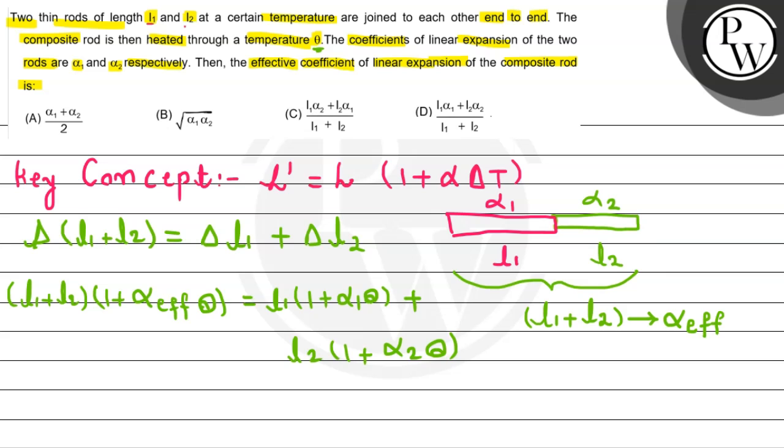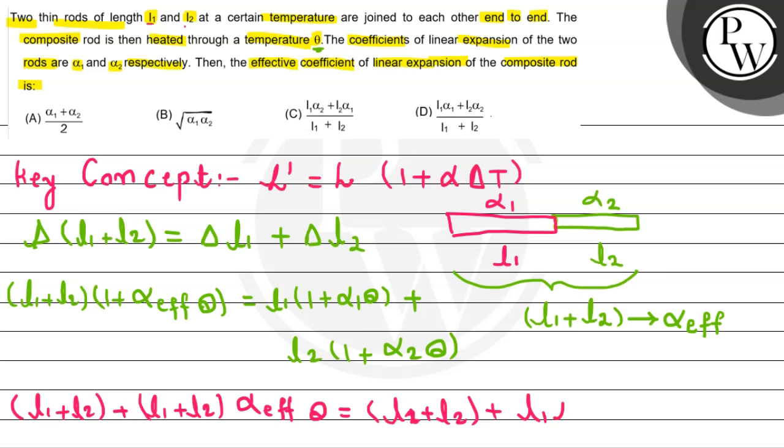Now if we open the brackets by multiplying, we get L1 plus L2 plus (L1 plus L2) times alpha effective into theta. This should be equal to L1 and L2, which we can combine as L1 plus L2, plus L1 alpha 1 theta plus L2 alpha 2 theta.